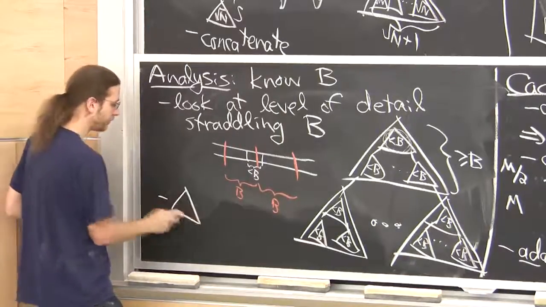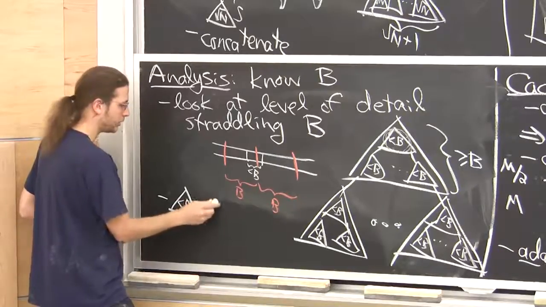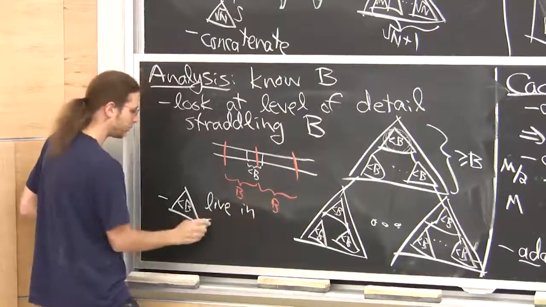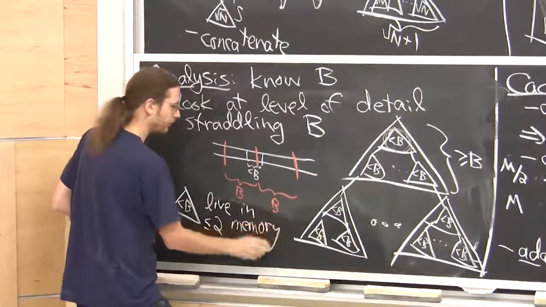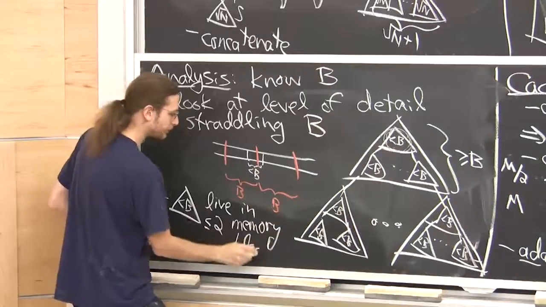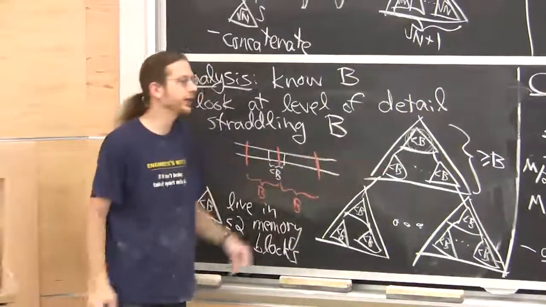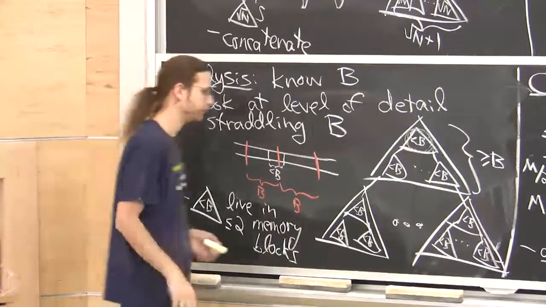So the little triangles of size less than b live in at most 2 memory blocks. So to visit each of these little triangles, we only spend 2 memory reads at most.